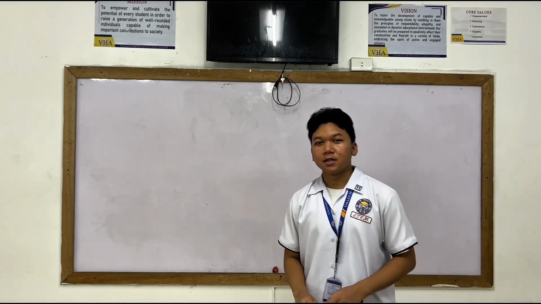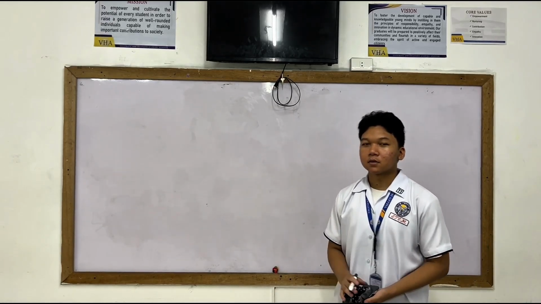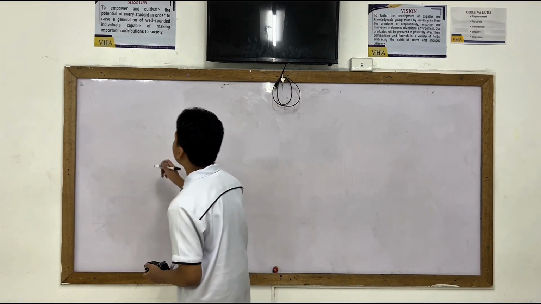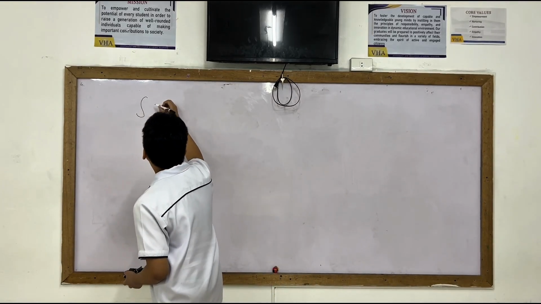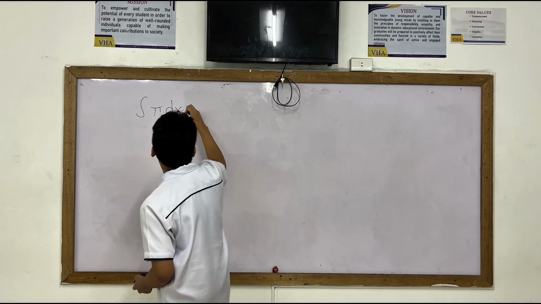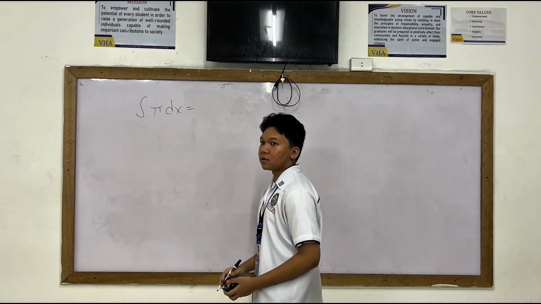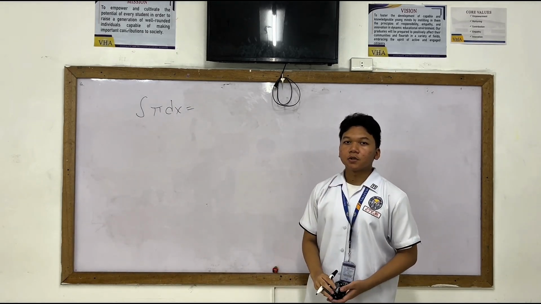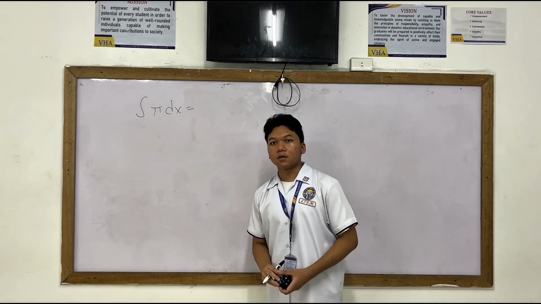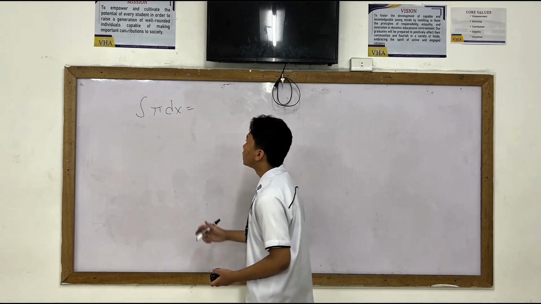Now, let's focus on how to work with other types of functions. For example, we have the indefinite integral of pi dx. Here, it is important to note that we have to identify what is a constant and what is a variable.